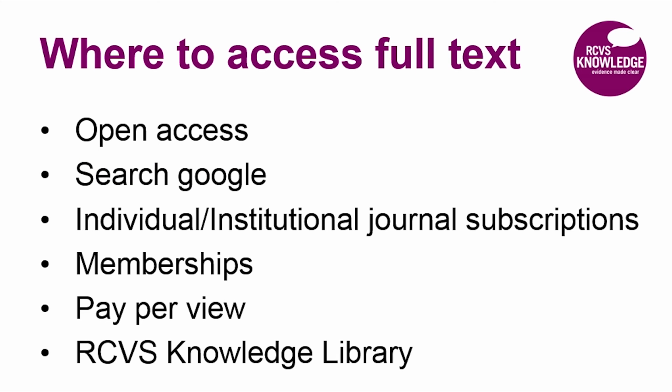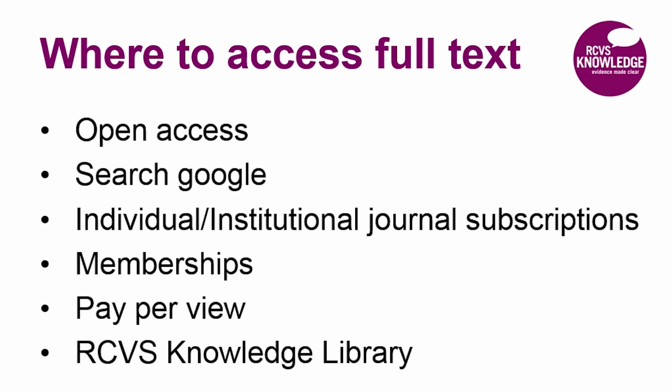The earlier session, people were talking about how difficult it is to access full text of journals because it's behind paywalls often. There is a growing open access movement. JVIM, Journal of Veterinary Internal Medicine, became open access earlier this year. Most subscription-based journals do publish individual articles on open access, even if it's not the full issue.